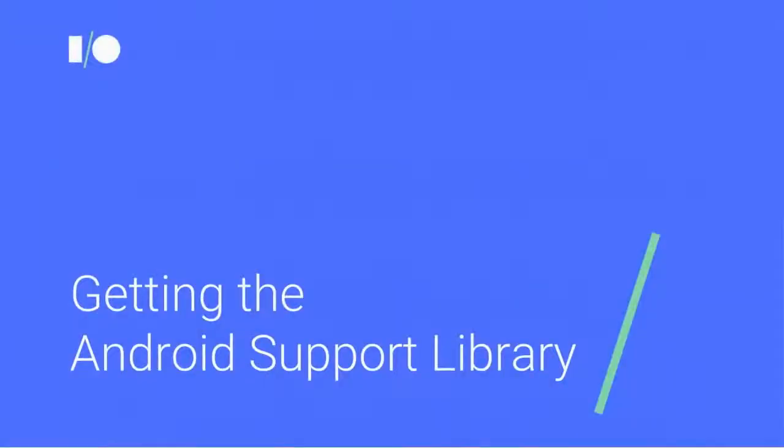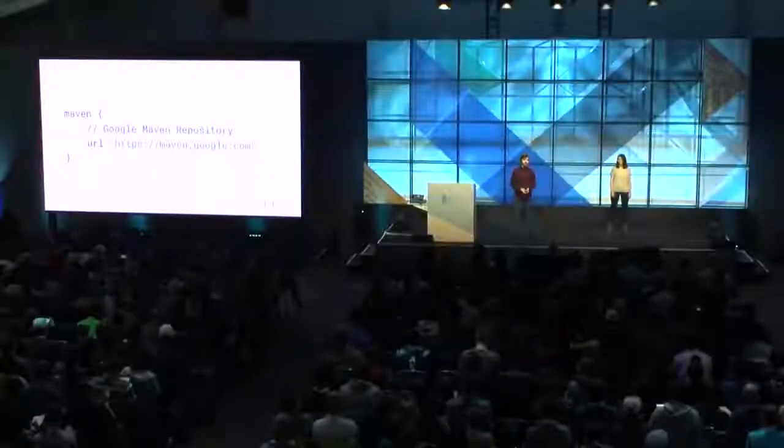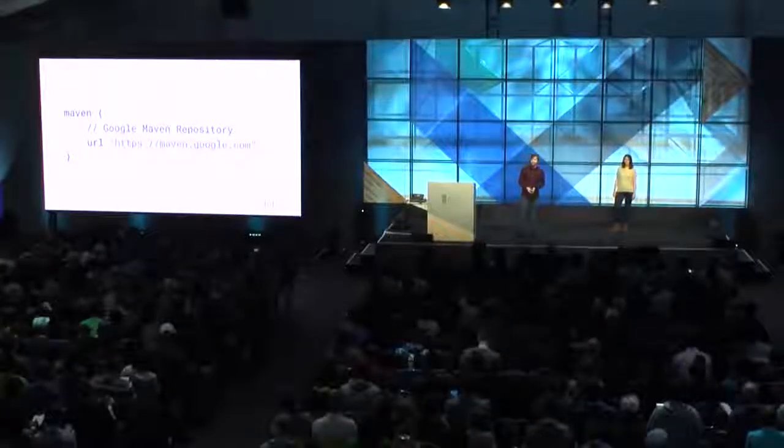All right, so we've made it easier to develop with the Android Support Library. We're also going to be improving the way that you get the Android Support Library. We've modernized our distribution method and added the Google Maven repository. So every time we update the support library with a bug fix, you don't have to download 500 megabytes of internal Maven repository.